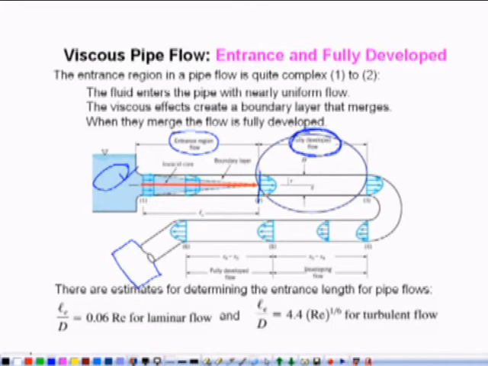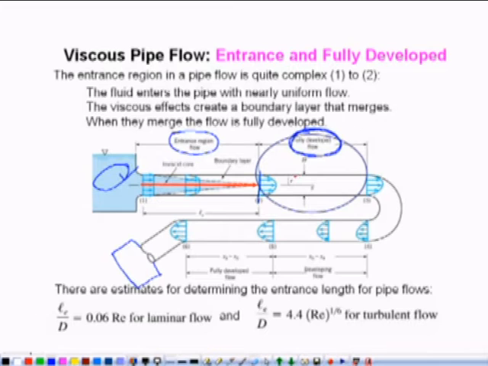Like at this section, what is the velocity profile? It is shown here with the help of this curve. At the periphery the velocity is 0. As we go towards the center, velocity increases. As we again go towards the periphery, velocity decreases, and at the periphery velocity is 0.